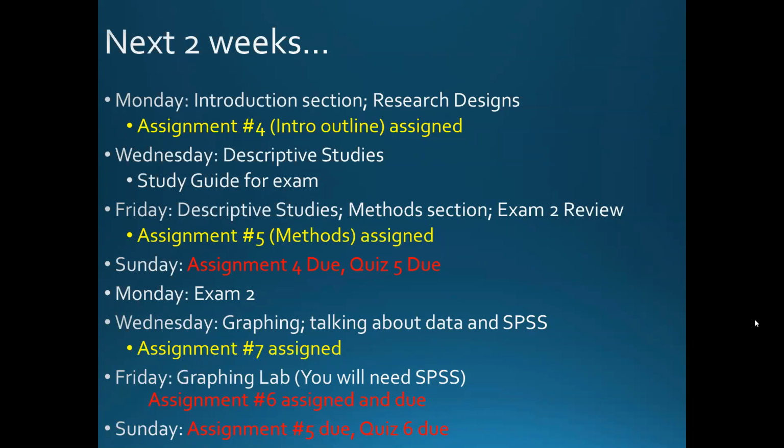However, I would suggest getting it prior to Friday, possibly even prior to Wednesday, just so that you can have it. And then the following Sunday, assignment number 5 is due. So I just wanted to bring this up to show you what the next 2 weeks are going to look like. There's a lot of things that are going to be due, but that's just the nature of the course.